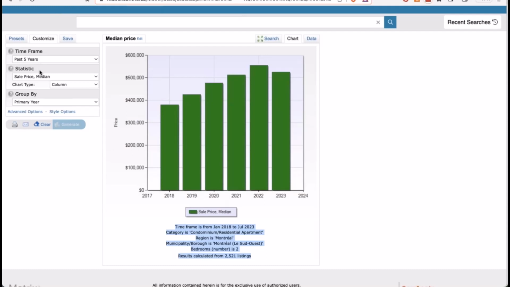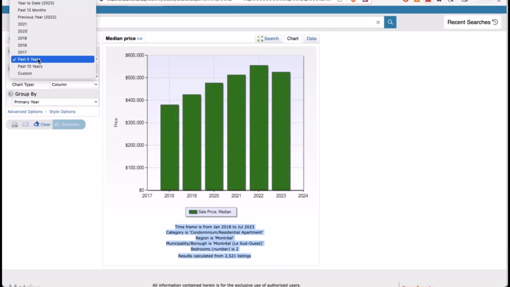So here we have the past time frame, as I mentioned, is past 5 years, and what we were looking at in our report was year to date. So in the time frames, what is suggested to you is year to date, past 12 months, previous year, so 2022, and the last 5 years individually are all available here.